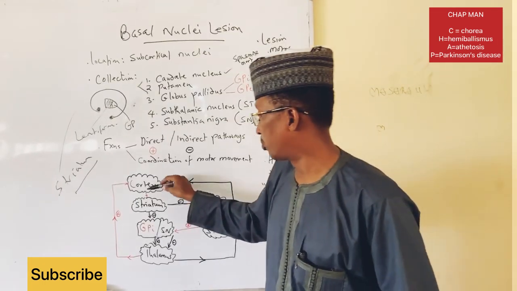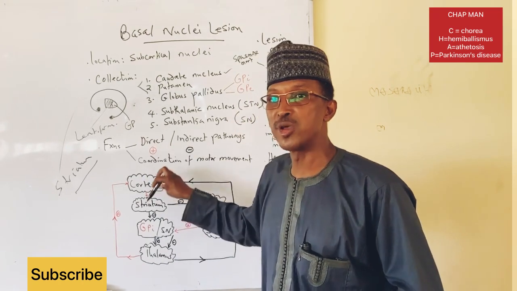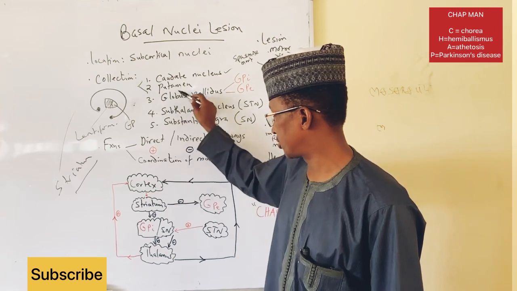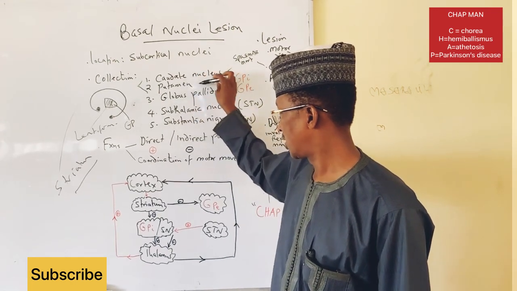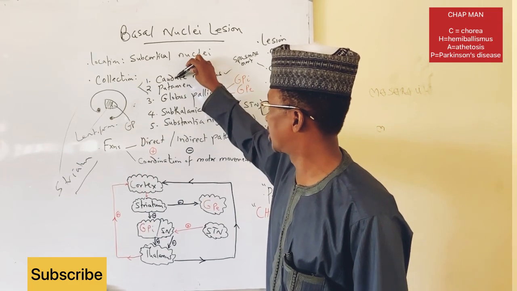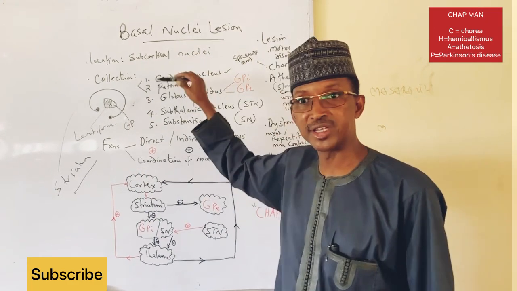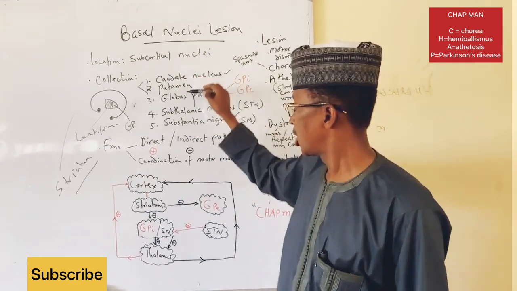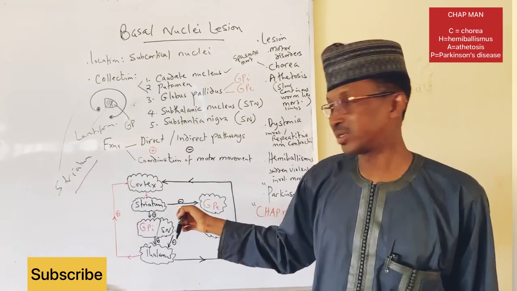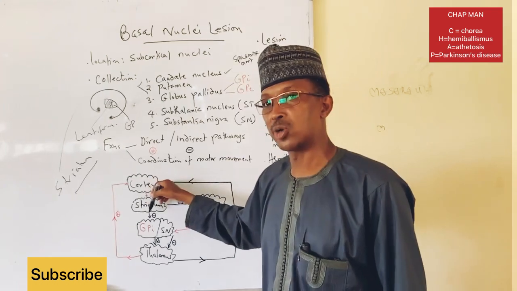The direct pathway begins from information coming from the cerebral cortex. It goes to the striatum, that means it goes through the caudate nucleus and the putamen. These are the striatum. So the motor information for beginning of a movement comes from the cerebral cortex.